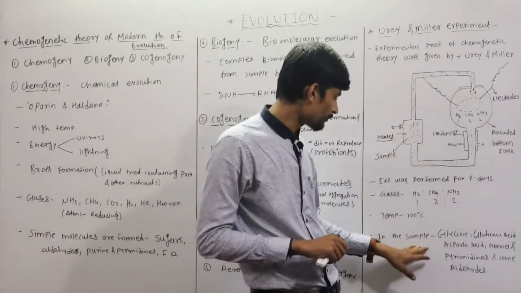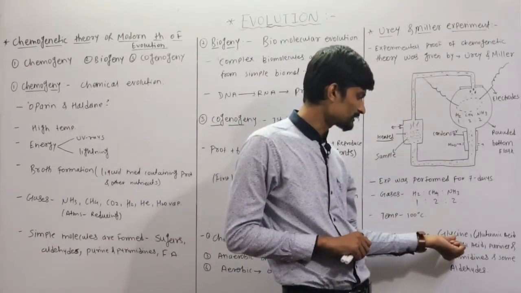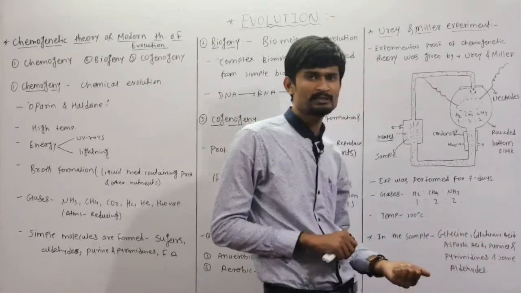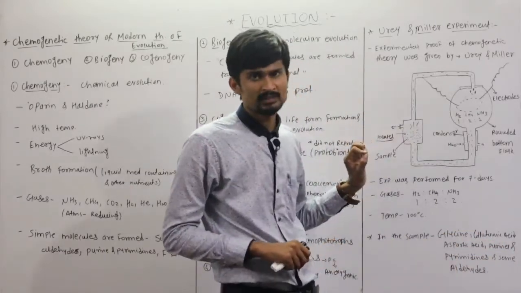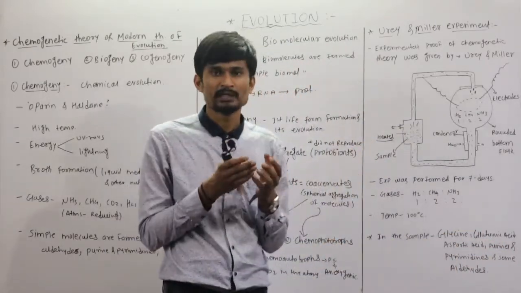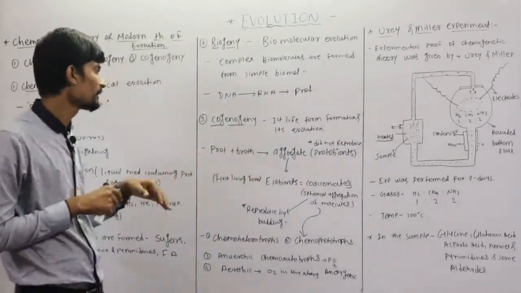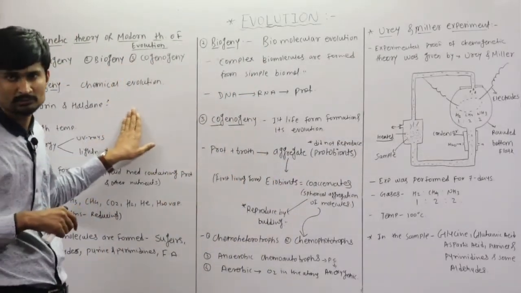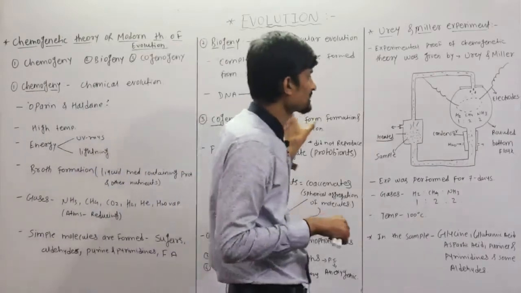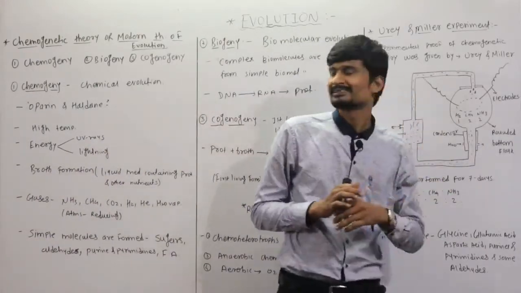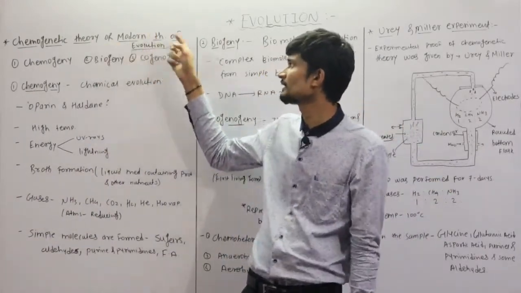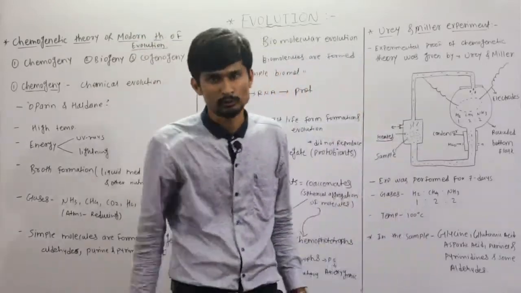Urey and Miller found simple biomolecules, that is glycine, purines and pyrimidines, in the sample by maintaining the same environment which was present in the initial condition on the earth. So this experiment proves the chemogenetic theory or modern theory of evolution.